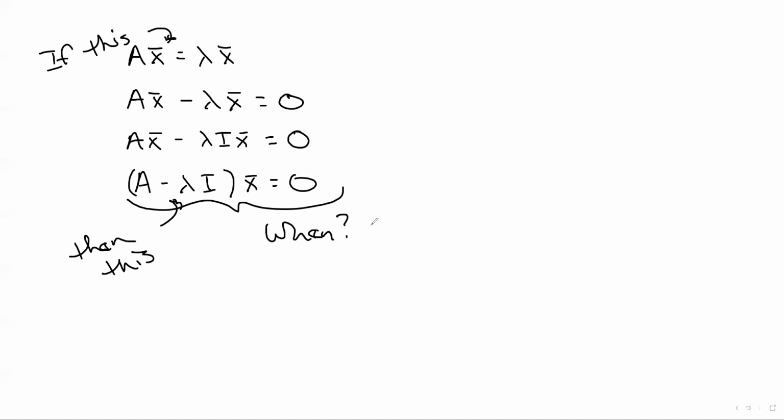So let's just write that out. When would A minus lambda I times X, where X is not 0, give us 0?